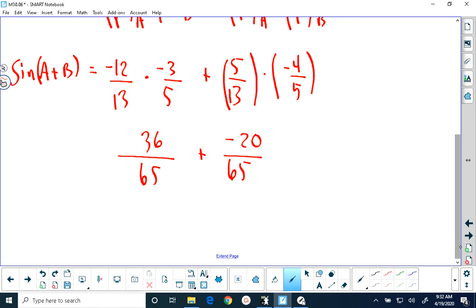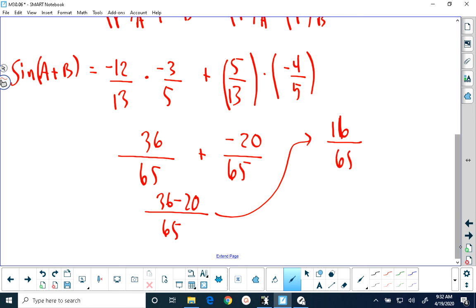And that means that it is 65 on the bottom and 36 minus 20 on the top. That tells us that it's exactly equal to 16 over 65. So 16 over 65 is our answer to the final example, example 4. That's the value of the sine of angle A plus B.